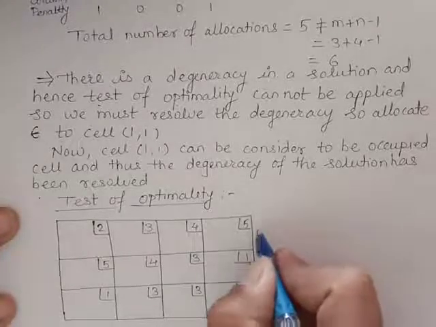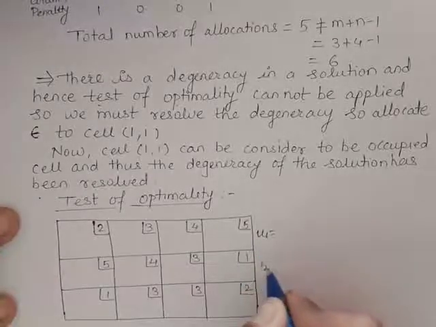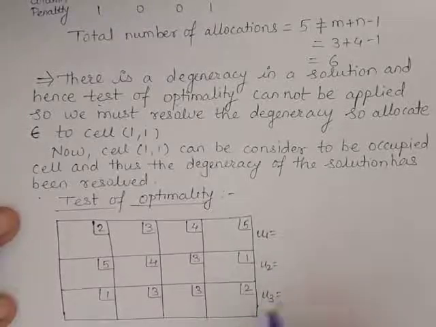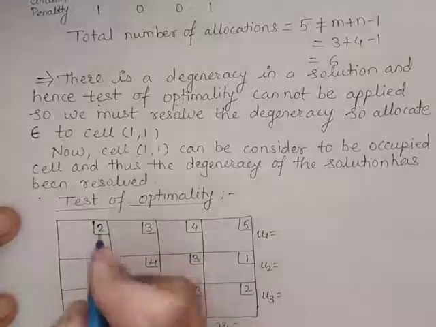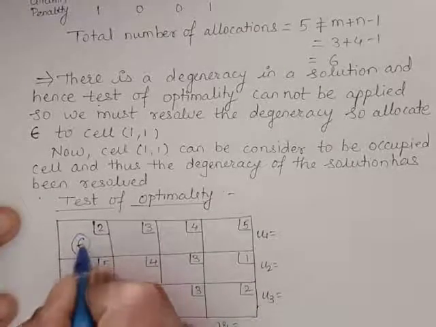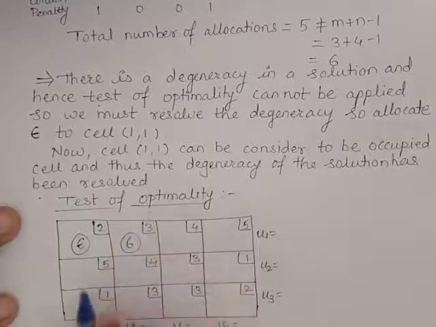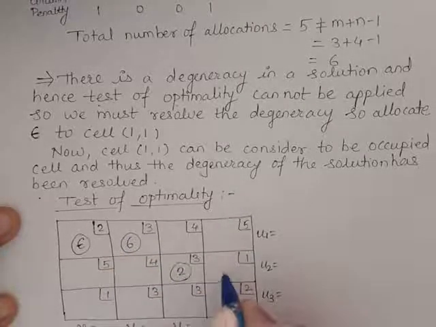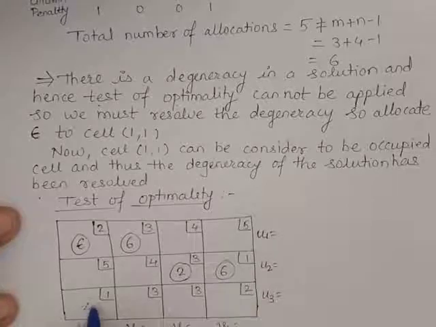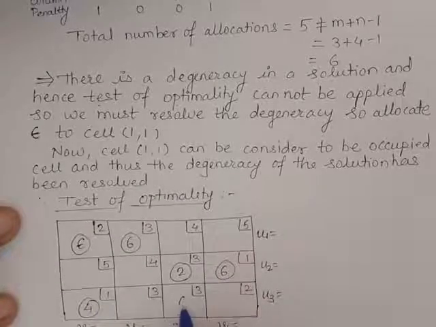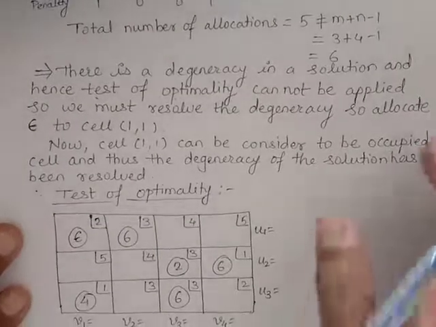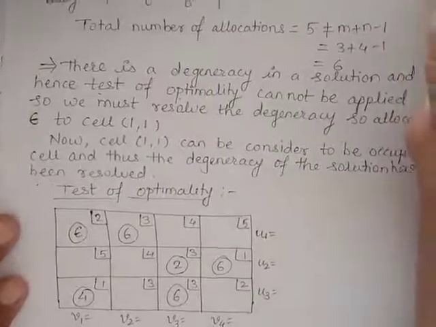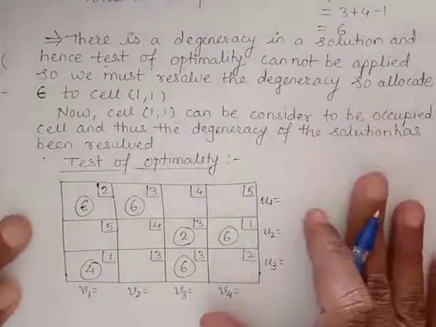Here U1, U2, U3, V1, V2, V3, V4. So now here we have put epsilon, here 6, here 2, here 6, here 4, and here 6. These are our allocations using VAM. Okay, now let's determine these Ui's and Vj's, and also let us determine delta ij.